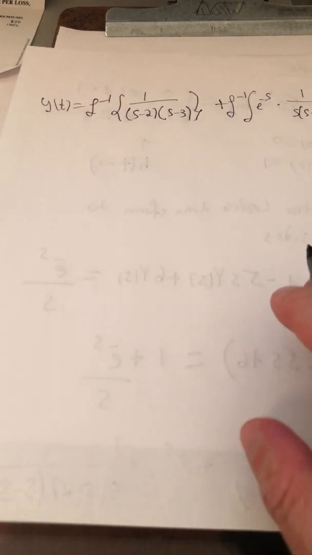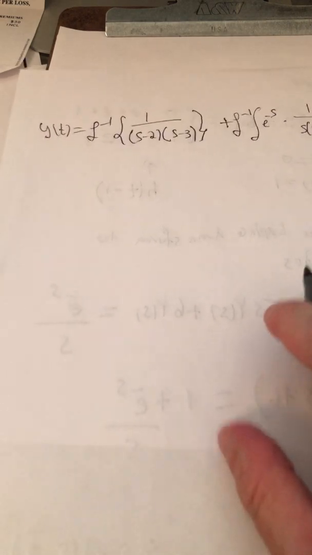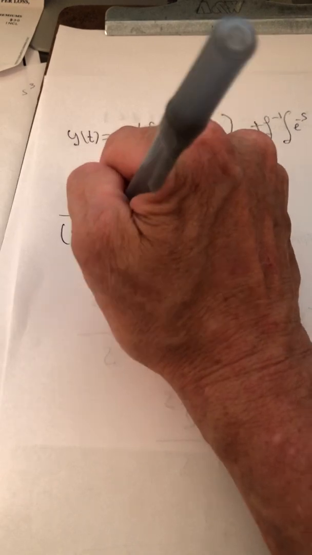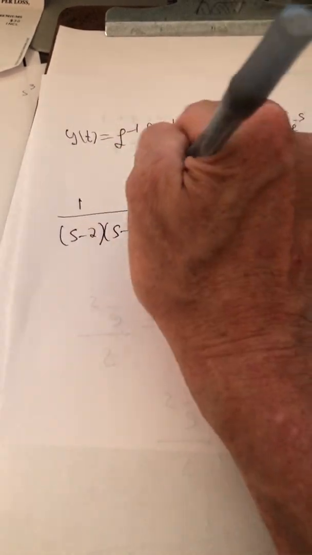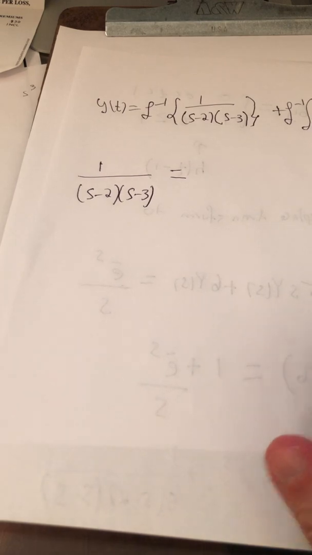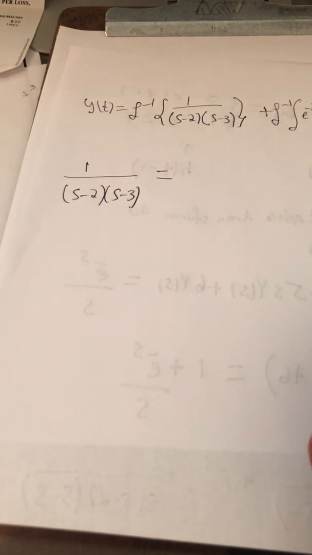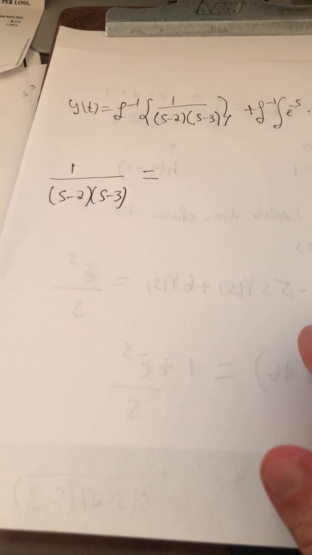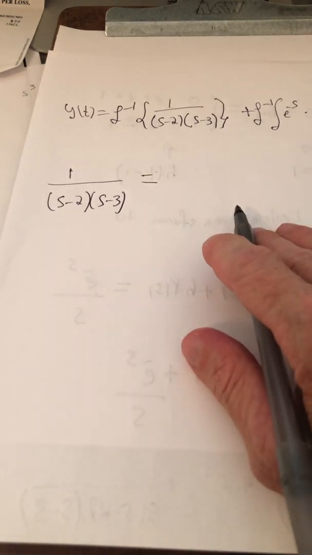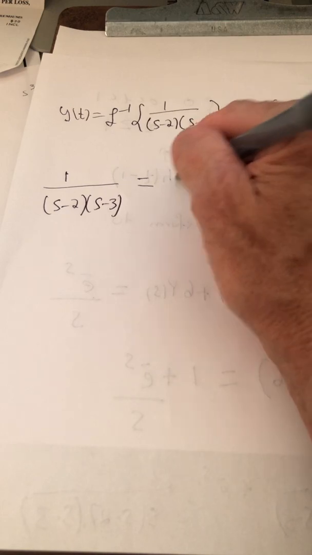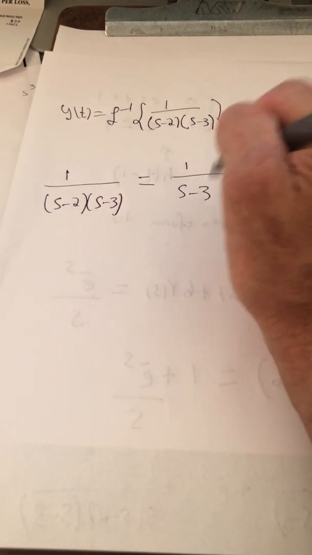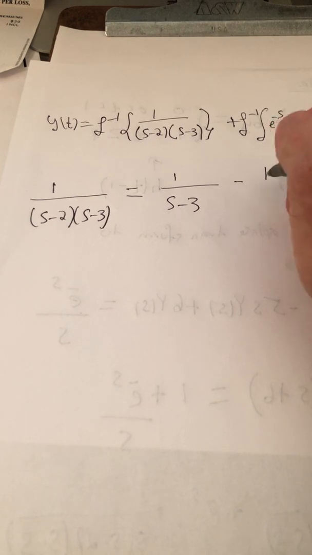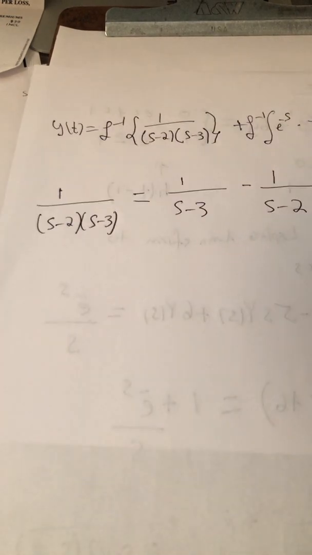So, for this first term, of course, we're going to use partial fraction decomposition. 1 over s minus 2 times s minus 3. It's a very simple situation. We end up with 1 over s minus 3 minus 1 over s minus 2.